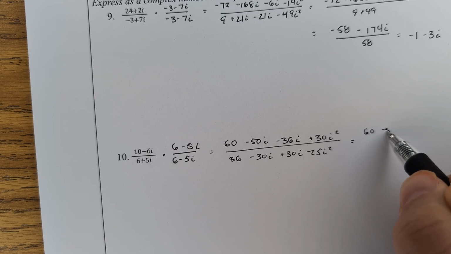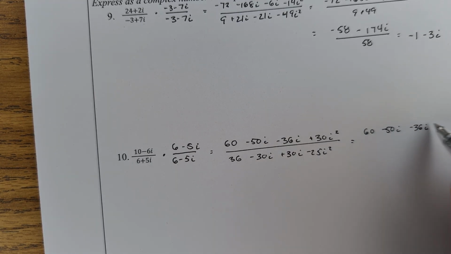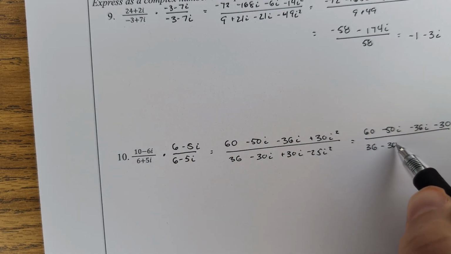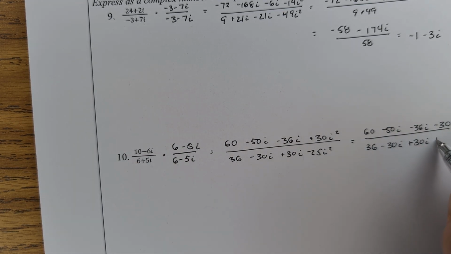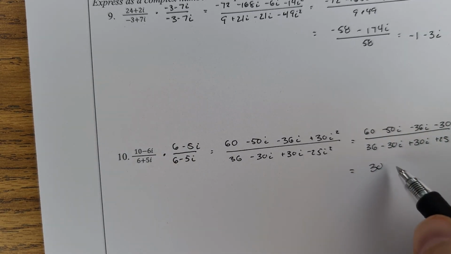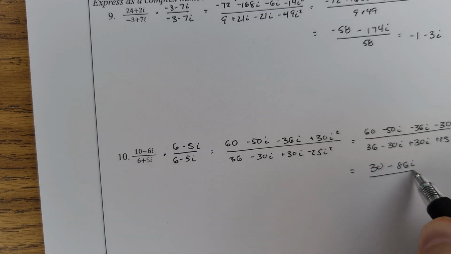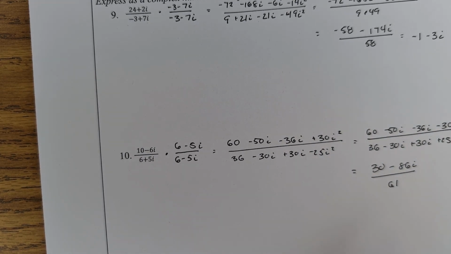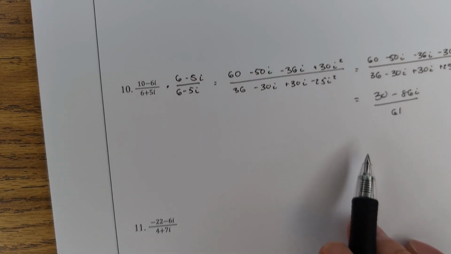So 60 minus 50i minus 36i minus 30i squared changes the sign. 36 minus 30i plus 30i plus 25. So that's going to be 30 minus 86i all over 36 plus 25, 61. And that doesn't reduce because no numbers go into 30, 86, and 61 all at the same time.